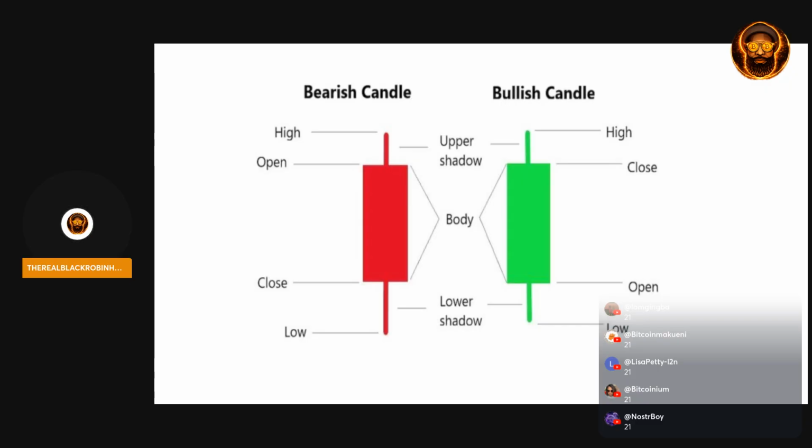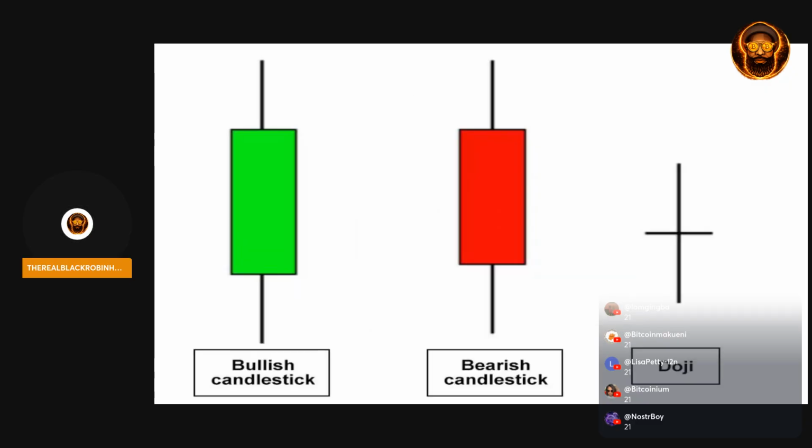Okay. So again, this is a bullish candle because it has a bullish body. It opened here and it closed here. So it gives it a bullish body. The color doesn't matter. You can change the color to purple. It doesn't matter, so long as the close is higher than the open, it's bullish.